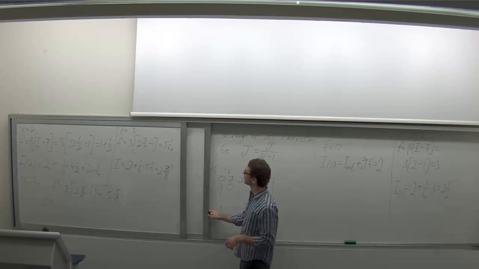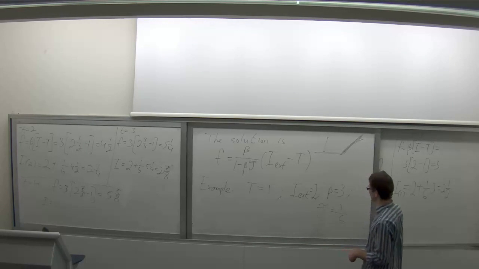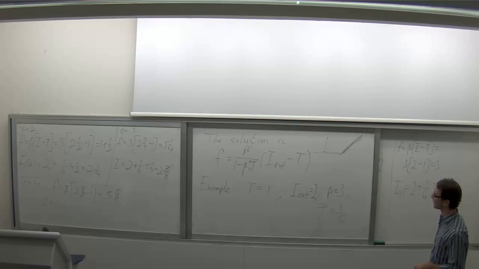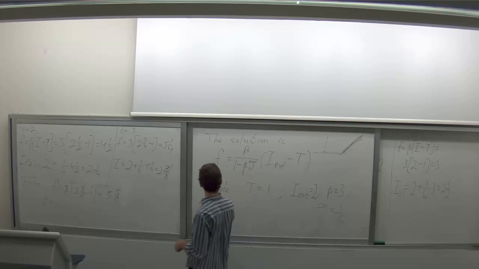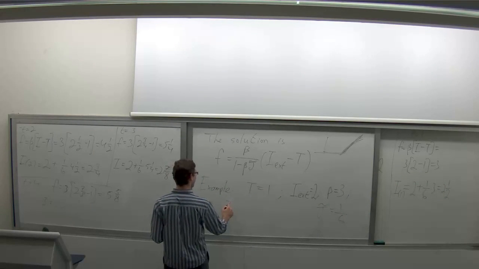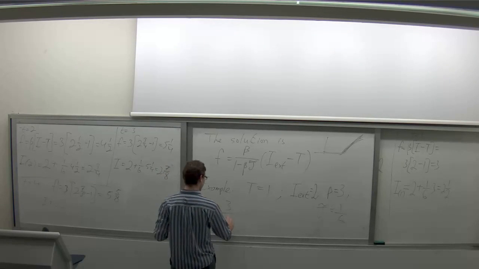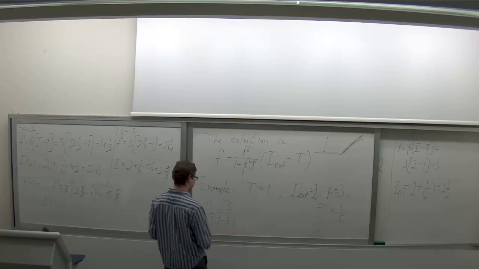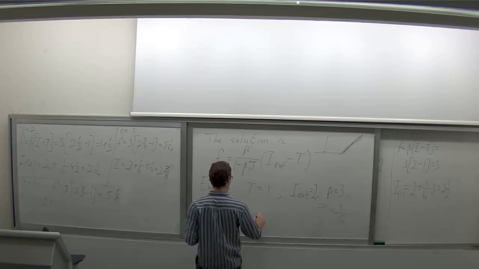Let's see. Is it supposed to be 6, or is our hunch wrong? Let's calculate. F is 3 times, 1 minus beta over 6, times I external minus 1.